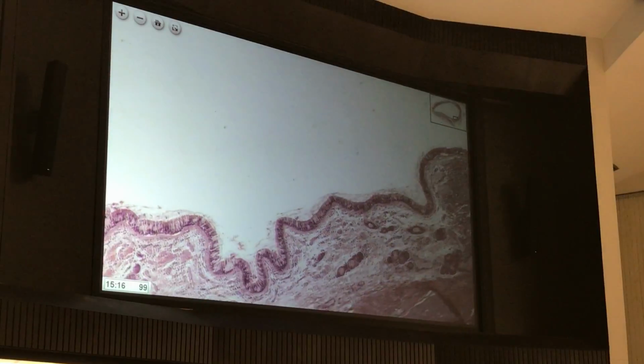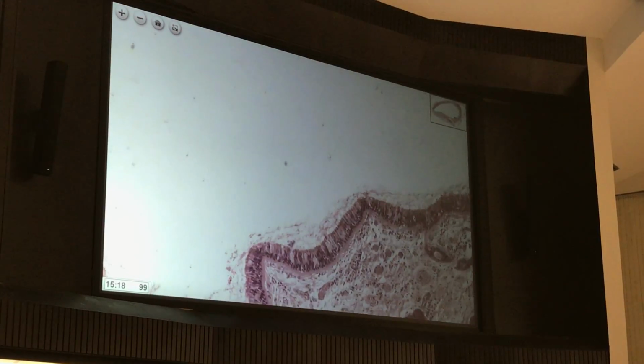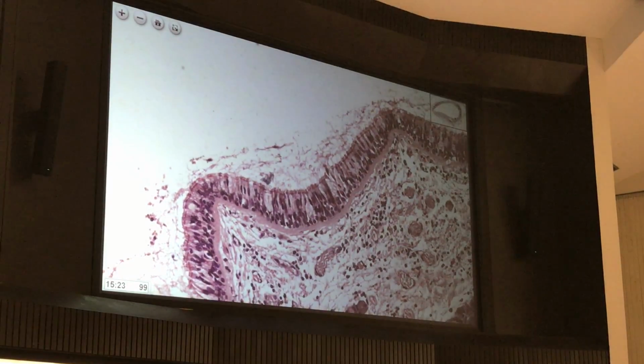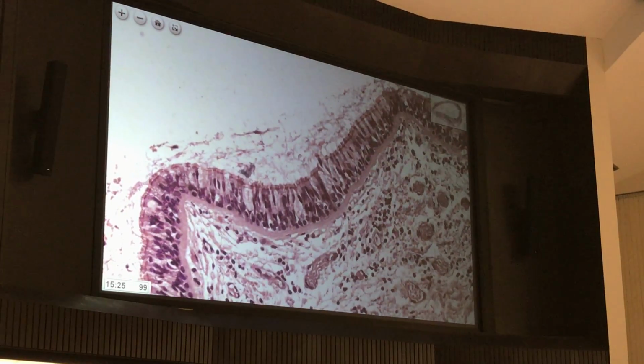So look at this. Here's a nice region. Okay. What is this structure here? It's uncharacteristically thick in the trachea. It's the basal lamina, in the basement membrane zone.